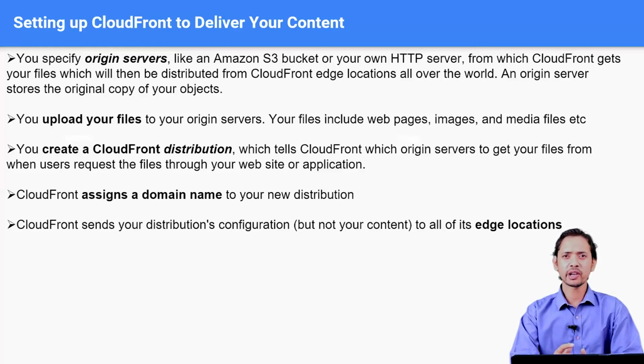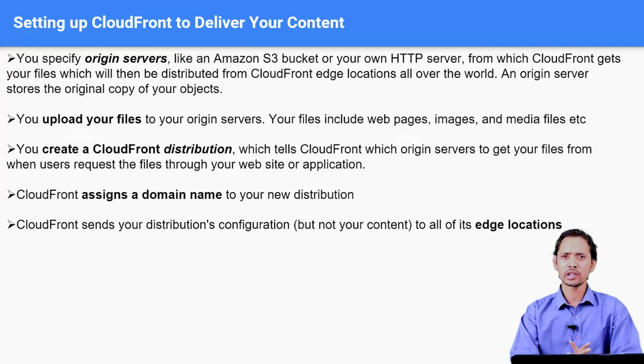Then you'll specify what kind of content you want to cache, what protocol and so on you'll support, and finally the number of edge locations that you are going to include in your distribution. You have an option to take a limited number of edge locations. There are multiple price classes, which include the network of edge locations, and you can use the price class which is suitable for your audience and your website.